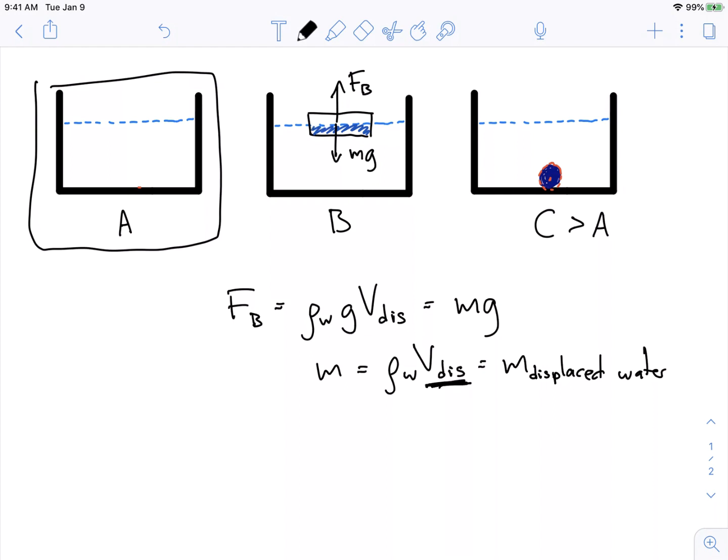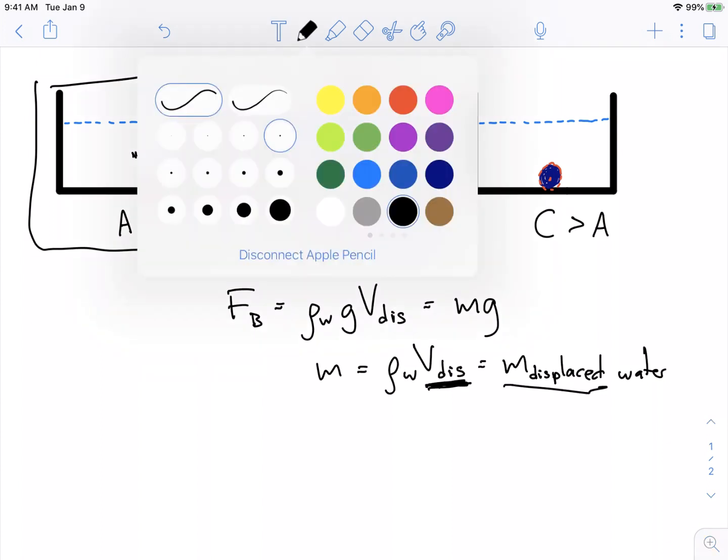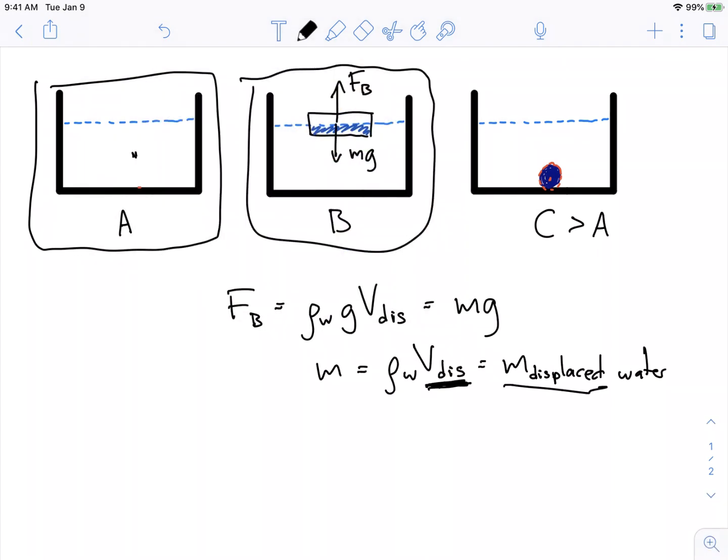So this whole container, if we took out the object and replaced it with this amount of water, it would actually just be equal to A, right? So this is the subtle point that we have to realize. And so, long story short, B actually weighs the same as A.